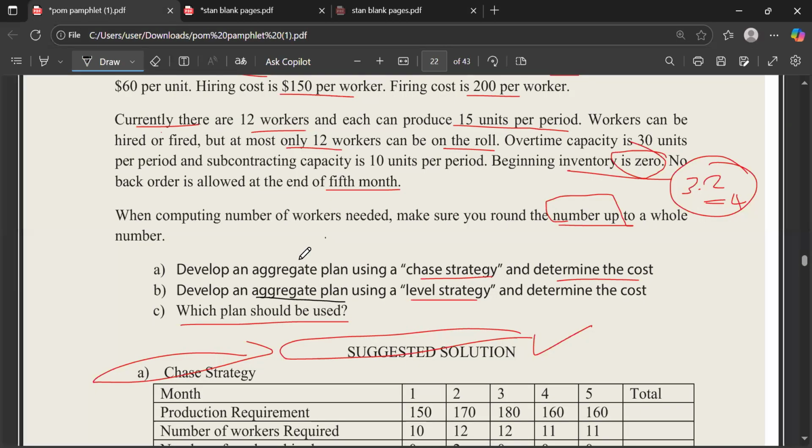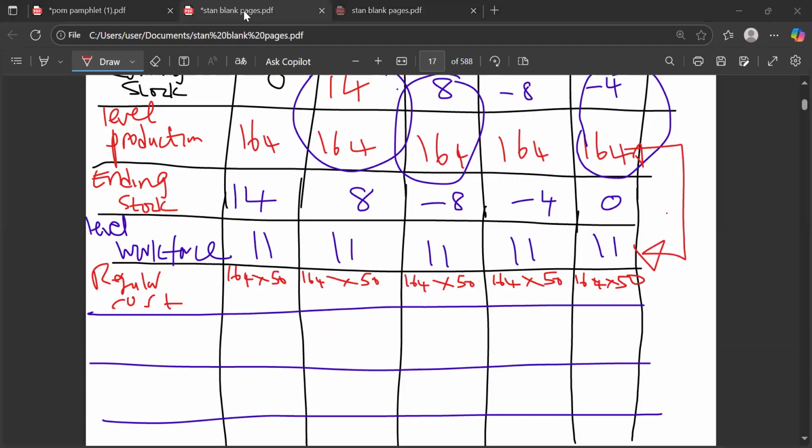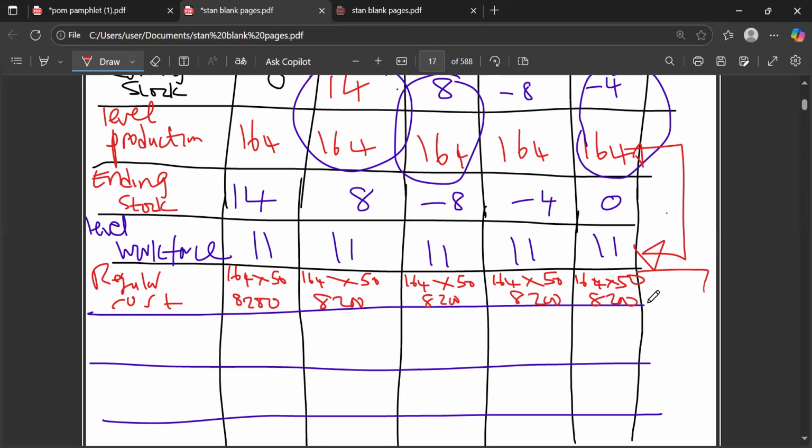Production cost per unit. Yes. So 164 by 50 is 8,200. So 82, 82, 82, 82. You can find the total. 82 by 5 is 41,000. Okay?